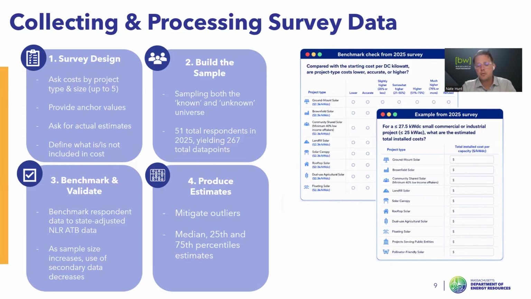So again, we most heavily lean on median when we're thinking about any recommendations to DOER. But those 25th and 75th percentiles are really useful in understanding the range of industry costs.